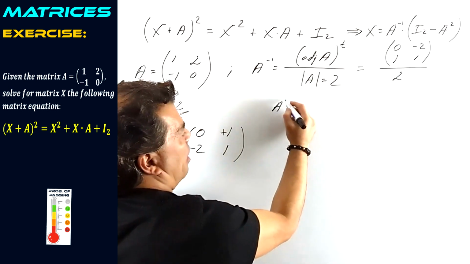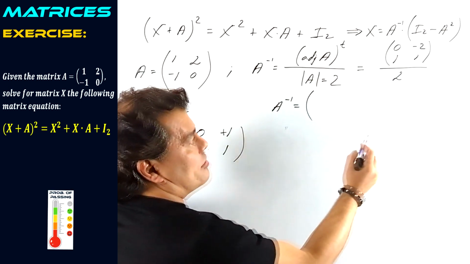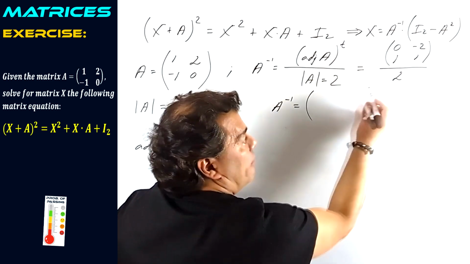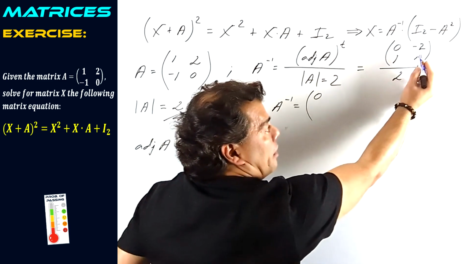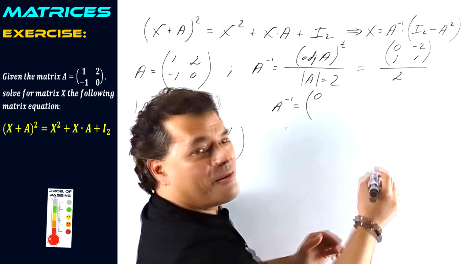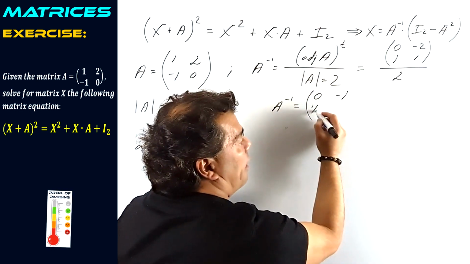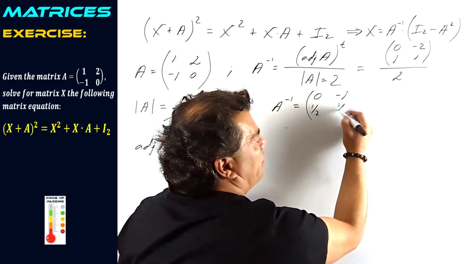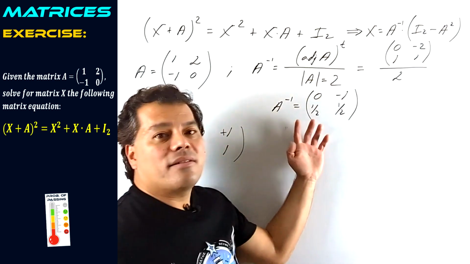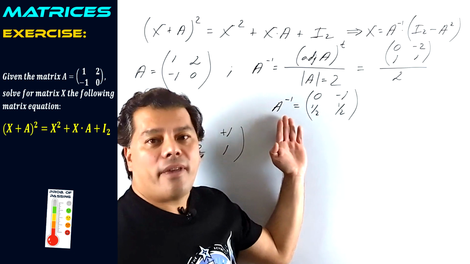So our inverse is 0 divided by 2 is 0. -2 divided by 2 is -1. And there we have 1/2 and 1/2. This is the result of the inverse of A.